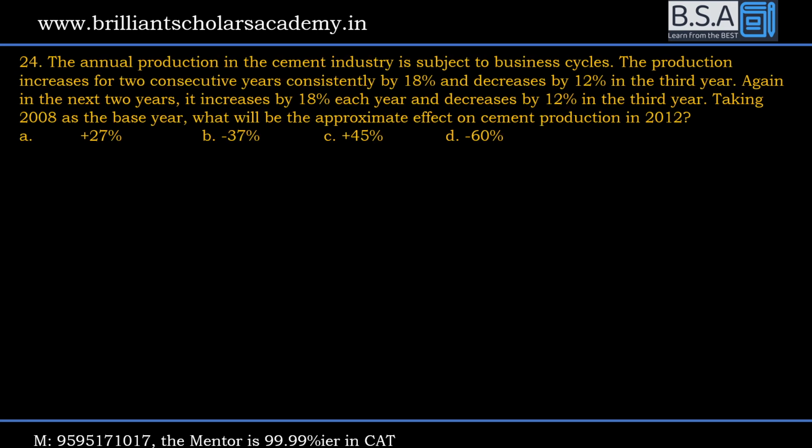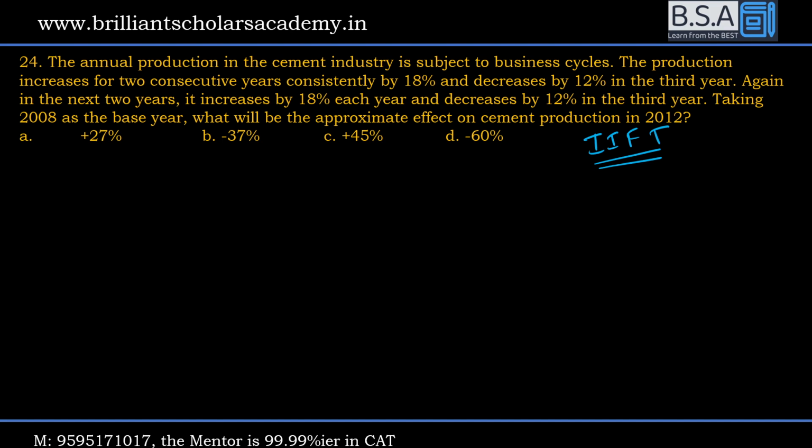This is the IIFT problem. The annual production in the cement industry is subject to business cycles. Production increases for 2 successive years consistently by 18% and decreases by 12% in the third year.